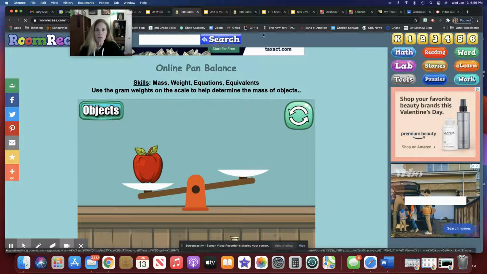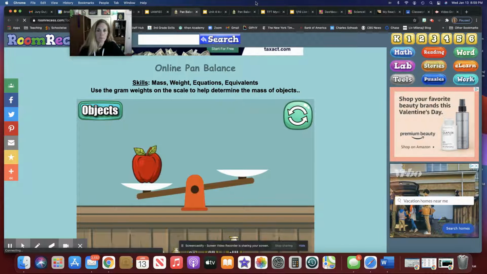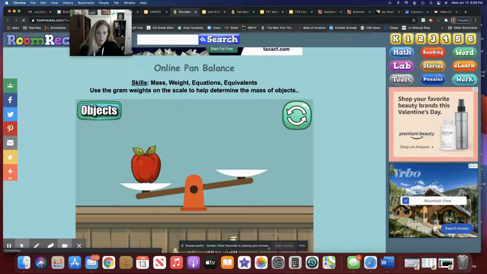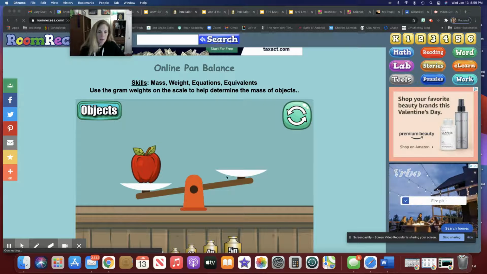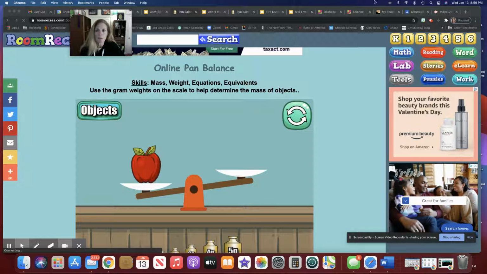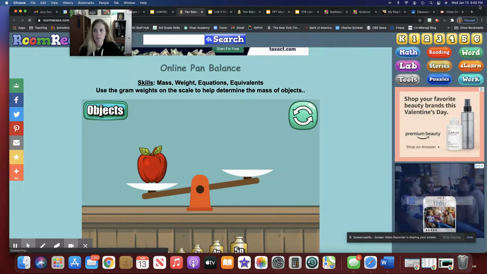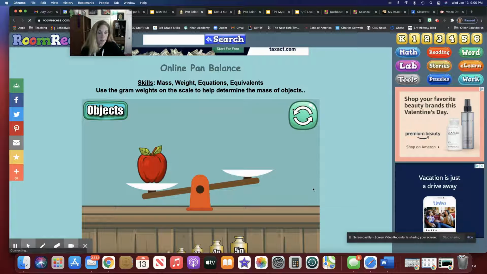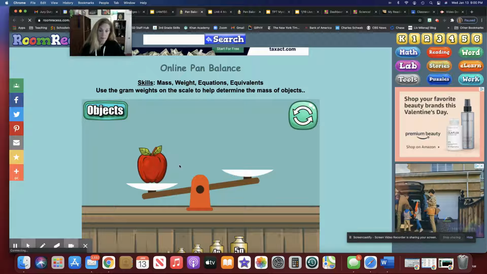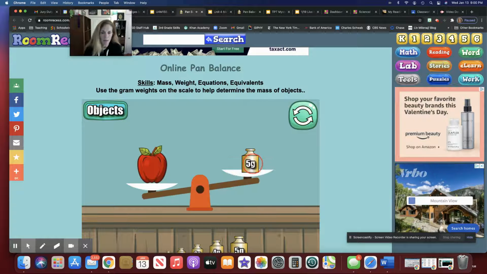So what you need to do is look at the bottom of your pan balance, and you're going to guess how much mass the apple has. I'm going to guess that it has 5 grams of mass.